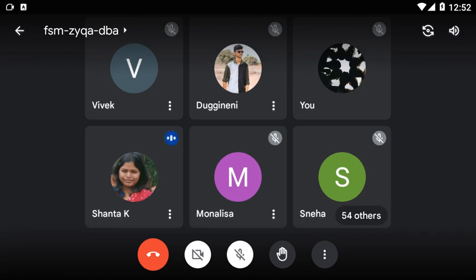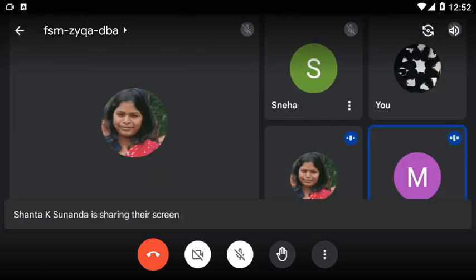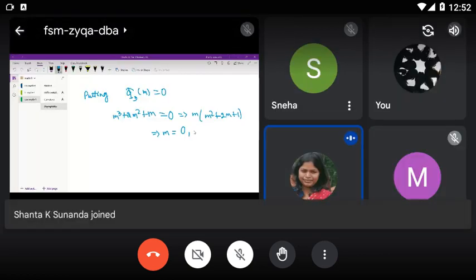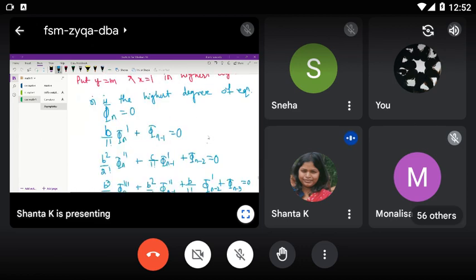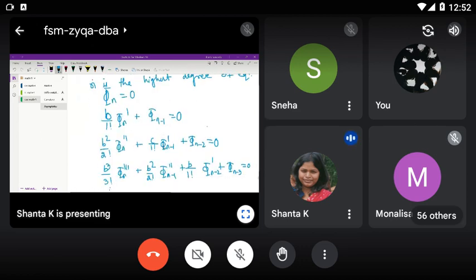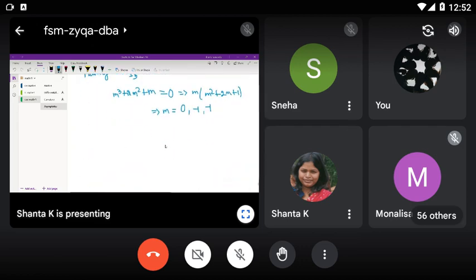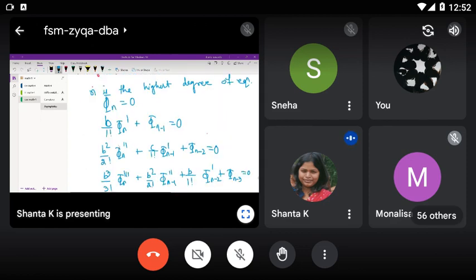You try for both the cases. So m we are getting here: minus 1, 0, 0, minus 1 repeated two times. Now we will look at these equations. Here we have phi n minus 1. The first equation we have set to 0.